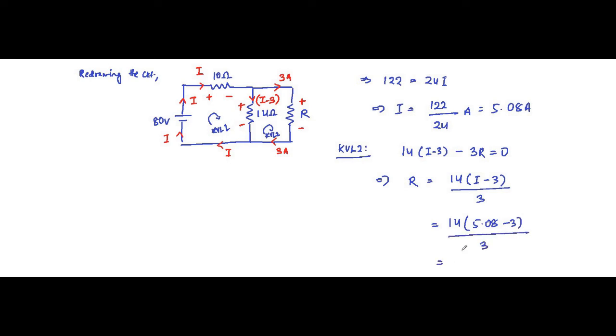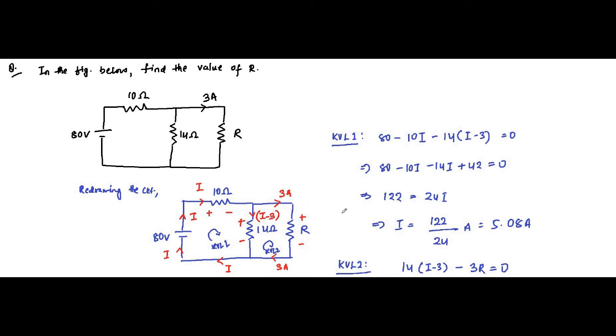The result is coming around 9.706 ohm. Okay, that is the value of R, 9.706 ohm. This is the value of this unknown resistance.